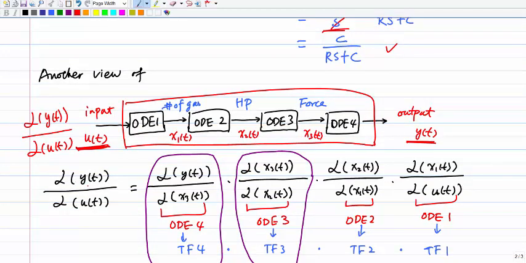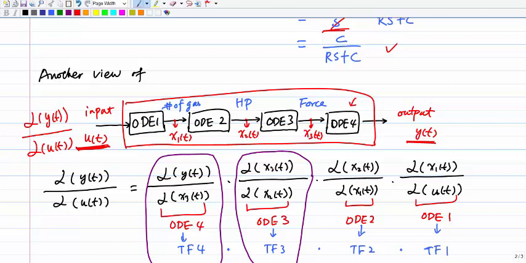This can be divided as, assuming I have intermediate variables x1(t), x2(t), x3(t) over here, and the output here. So I can write this as L[y(t)] divided by L[x3(t)], assuming x3(t) is the input and the output is y(t).